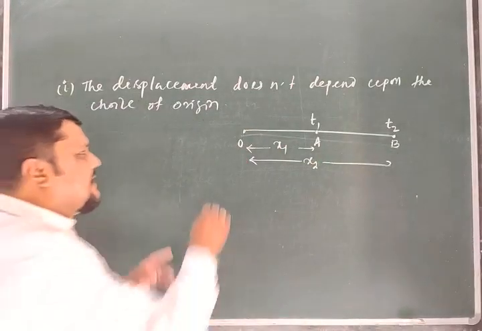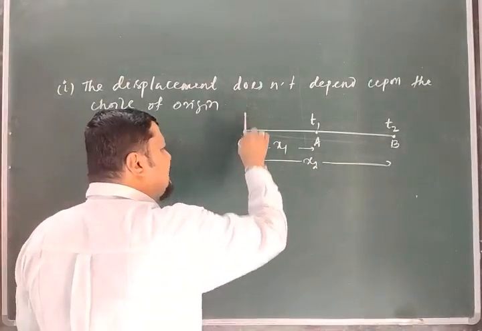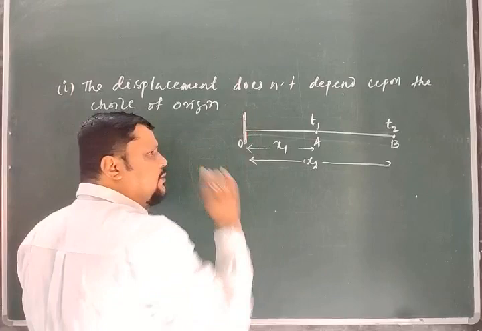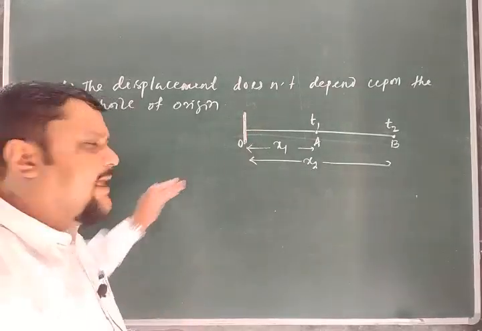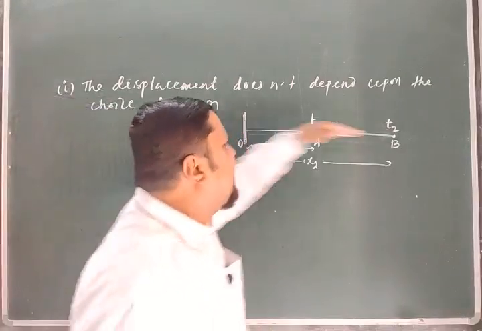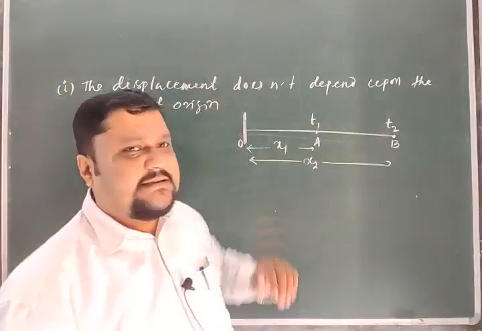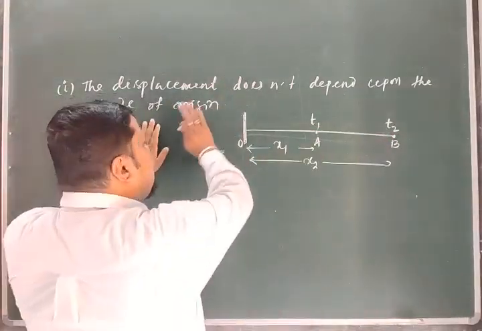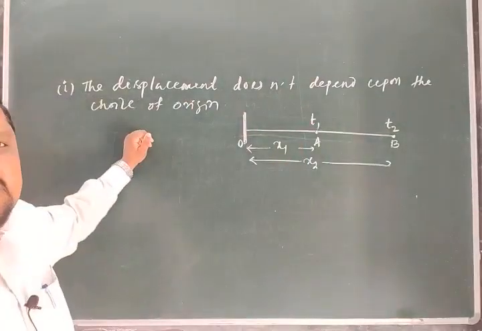Then in this case, if this is the coordinate system, in the frame of reference, and this is the origin, in a Cartesian coordinate system, along the x-axis, and suppose this is the y-axis. So now in this case, the displacement does not depend upon the choice of origin.